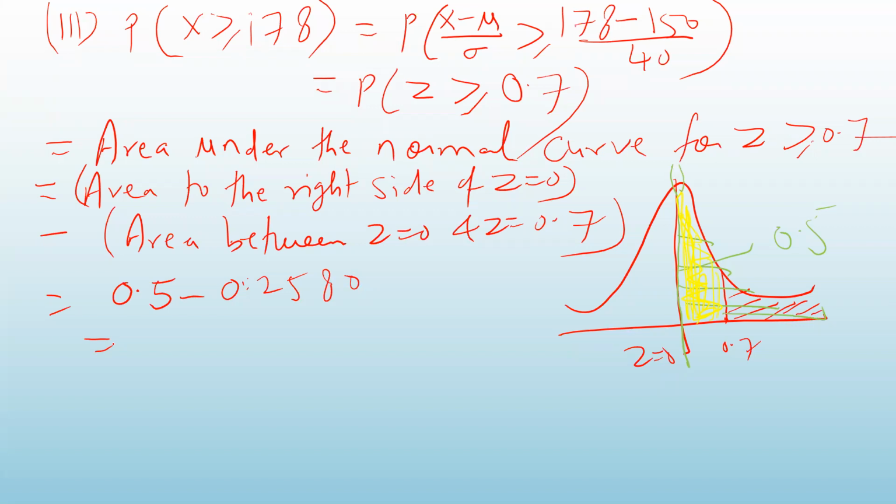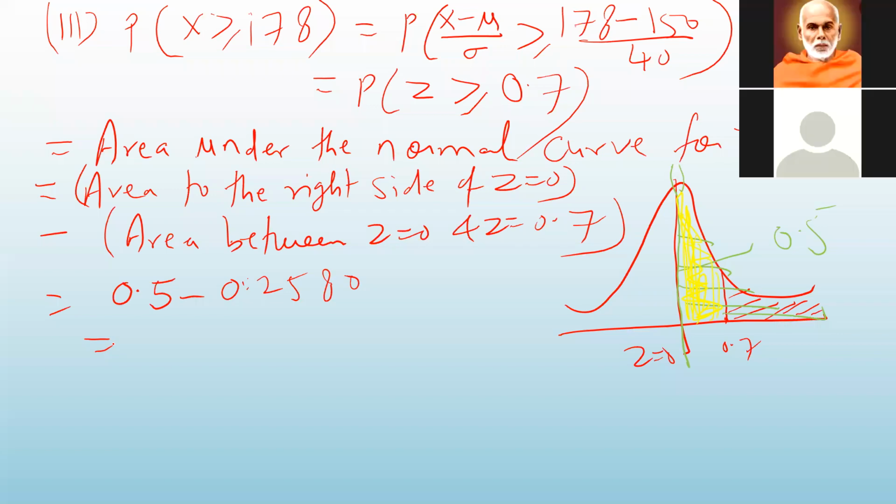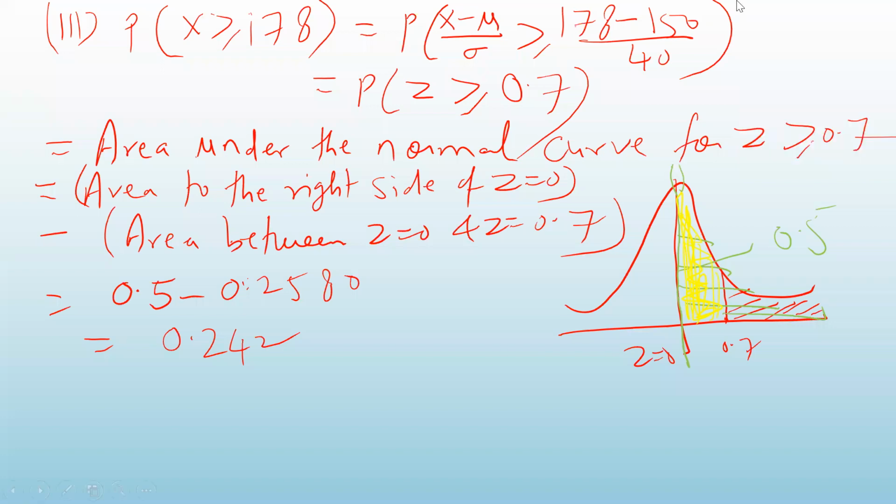So that is 0.5 minus 0.2580. So the answer is 0.24. Okay. So the probability that x is greater than or equal to 178 is given by 0.24. Okay. Now the last one.